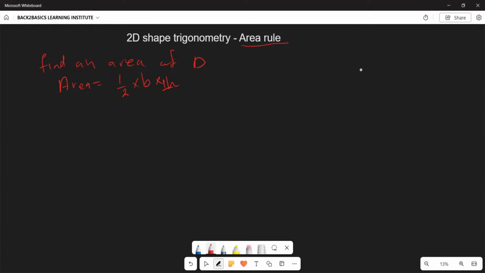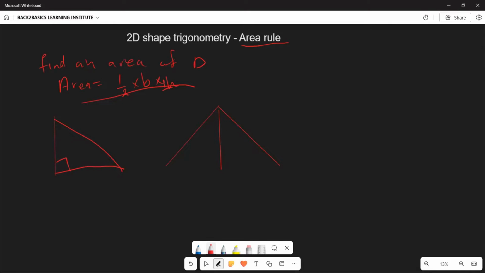Now, in most cases, if you are given a right-angled triangle, we usually used the formula area equals half base multiplied by height. Similarly, let's say you are given a shape like this one.